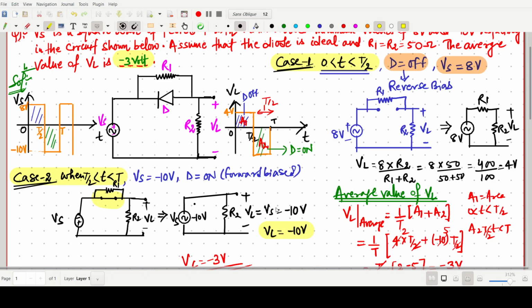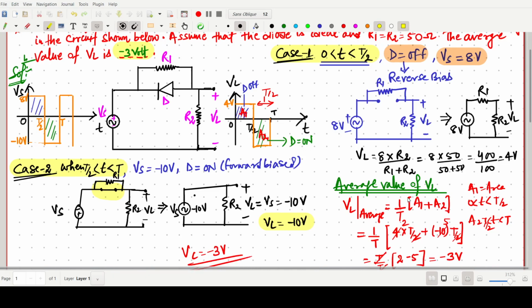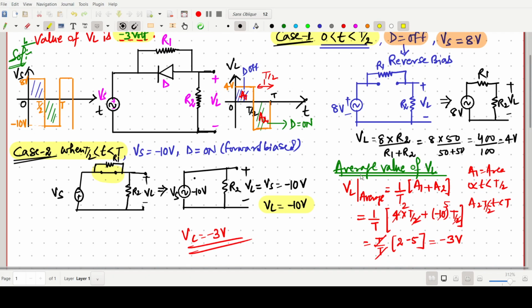So now we have made the waveform. After that, we have to find the average value of VL. For the average value of VL, we have to take the average for the time period 0 to T. So 1 by T, area A1 plus A2. If we do this simple calculation, this will become minus 3 volt.